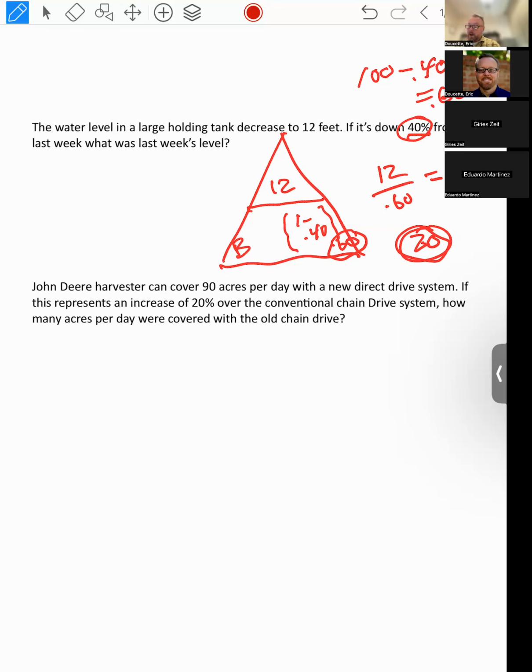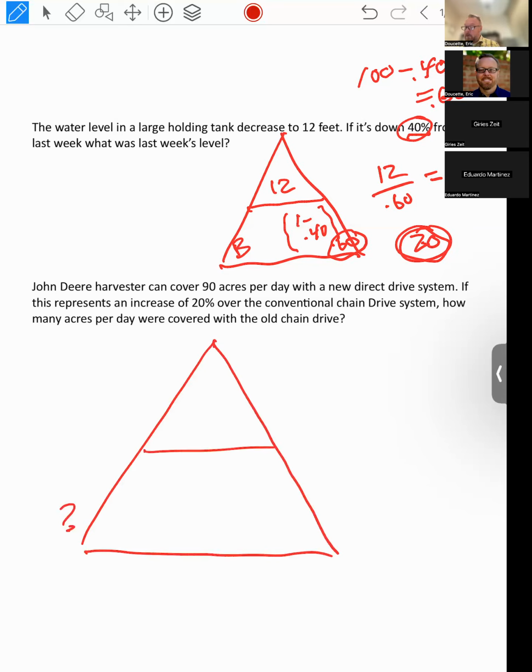All right, a John Deere harvester can cover 90 acres per day with its new direct drive system. If this represents an increase of 20% over the conventional chain drive system, how many acres a day were covered with the old one? So again, we're given the portion, the new one, so we're trying to find how much was the original, right? So we said it was an increase of 20%.